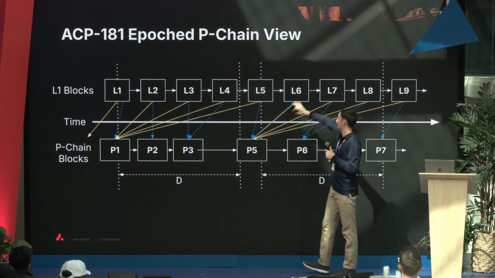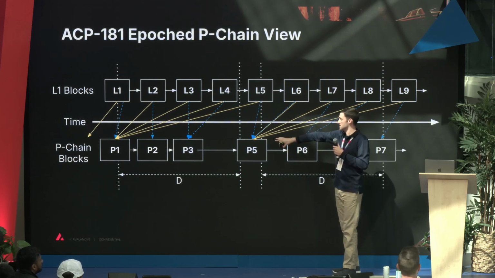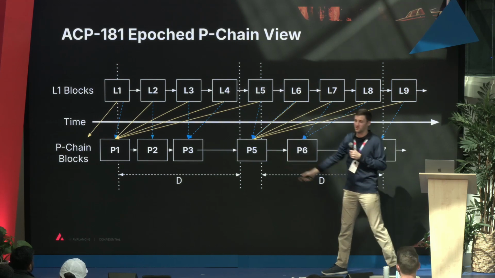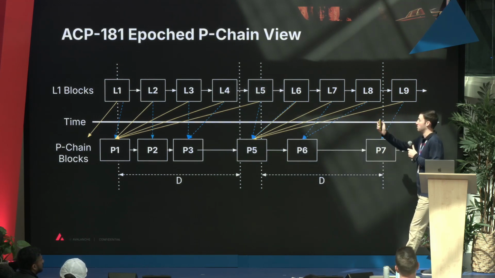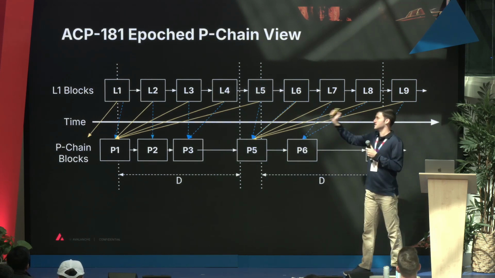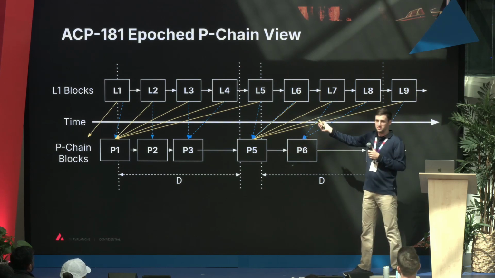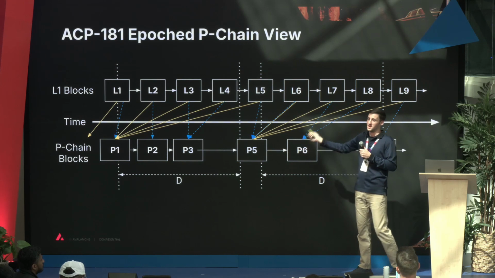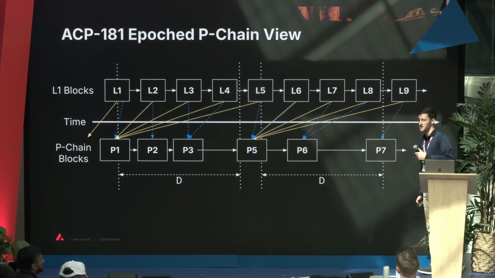And now for the next block, the p-chain epoch height pointer is the same as its parent's block current height. So when L5 is produced, we know that it sealed the first epoch, the next block will be in the next epoch, and must have the p-chain epoch height set to the current height of L5.